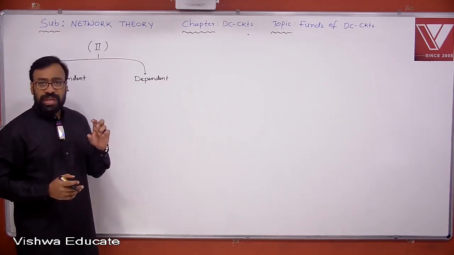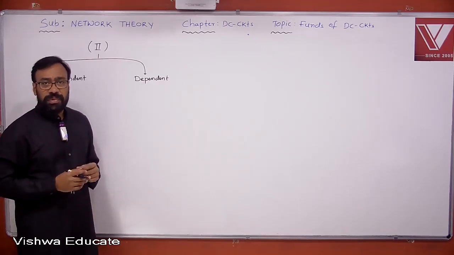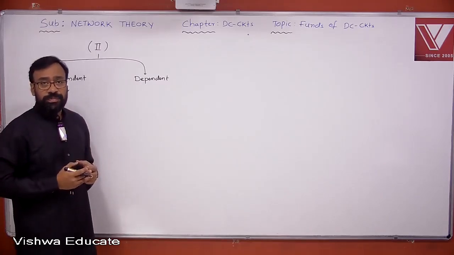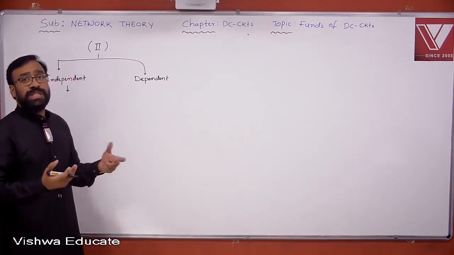Let us say if it is a voltage source, 10 volts means 10 volts forever. It does not depend upon the variations that happen elsewhere in the network. Okay. Similarly, current source 10 amperes means 10 amperes. That's it.